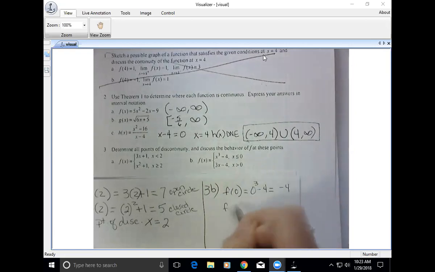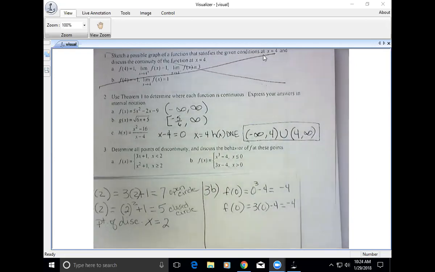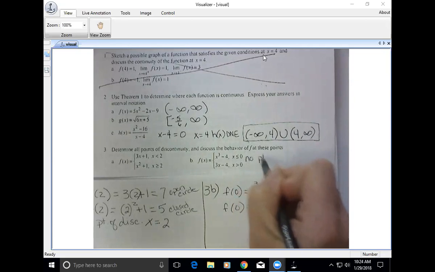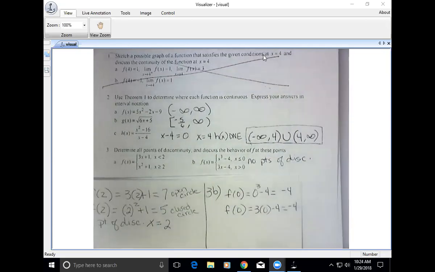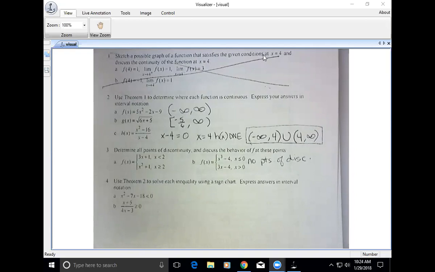And then I'm going to find f of 0 in this bottom equation. And what do I get there? So what would you tell me about that? Do I have any points of discontinuity? No. No, there are no points of discontinuity, because when I plugged in 0 in both of those, I got the same value. So that basically means the closed circle will be on top of the open circle, okay? And it will be a continuous graph.